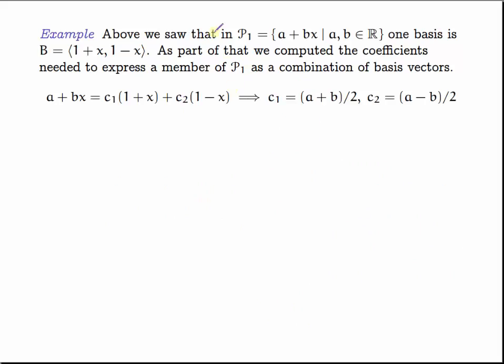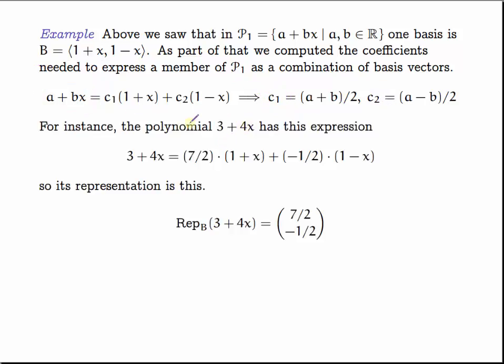Here's another example. We saw that in the polynomials of degree 1, one basis is 1 plus x, 1 minus x. As part of that, we computed the coefficients needed to express a member of P1 as a combination of basis vectors. We showed that if this linear polynomial is a combination of these two linear polynomials, then the coefficients are related in this way.